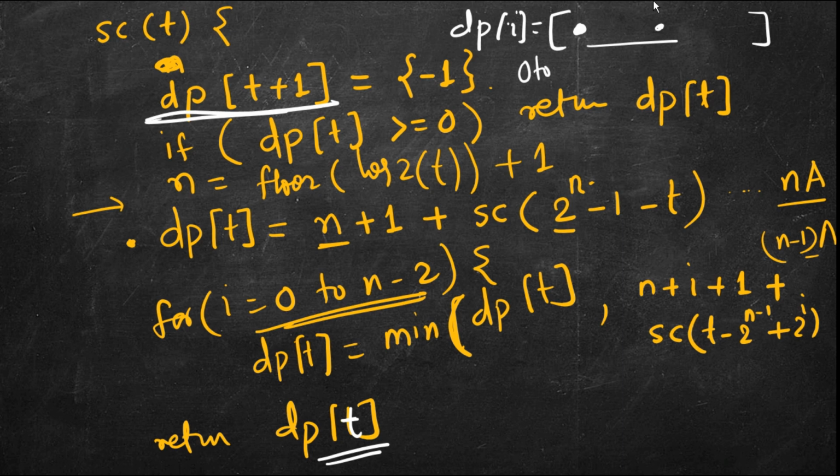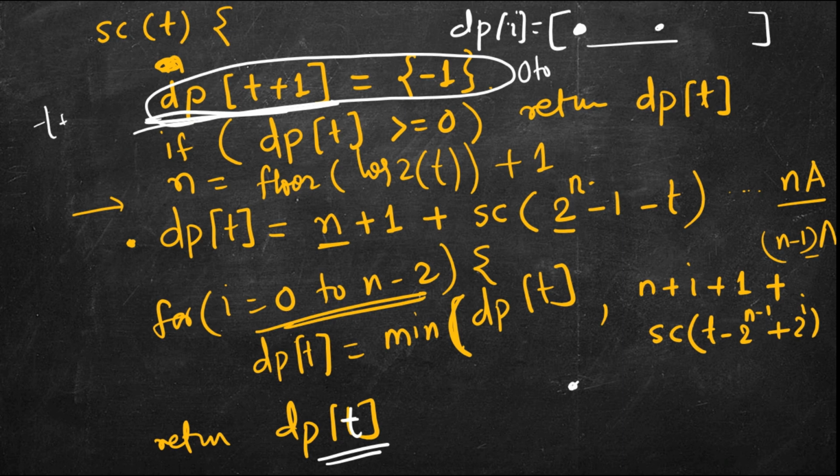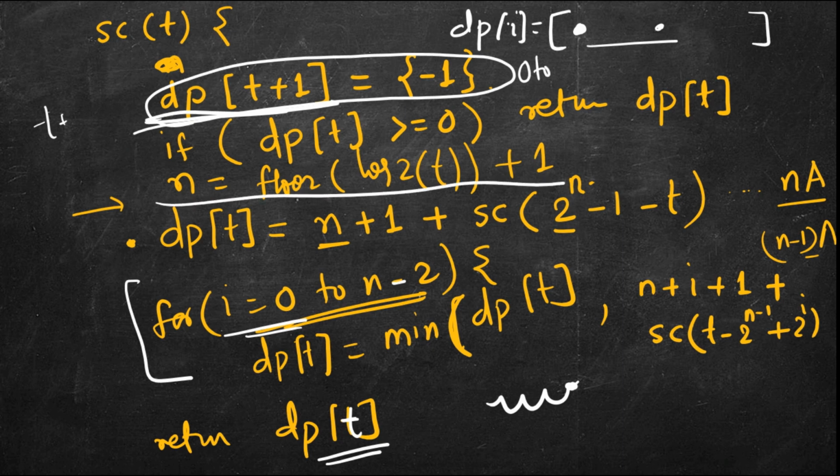So the time complexity here, this array length is t plus 1, and we are solving it t plus 1 times, and for each we can go back. We have to try different values of i, which is of the order of n, and n was nothing but number of digits, and number of digits is nothing but log of t.